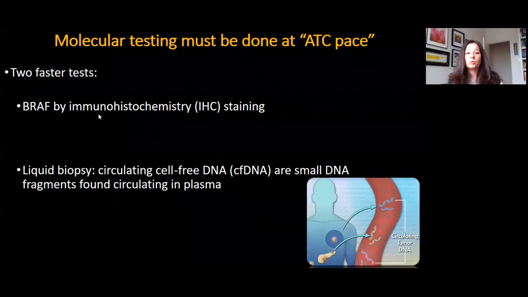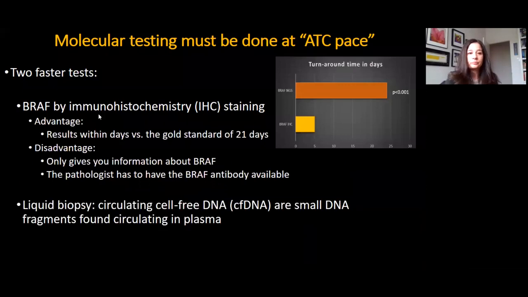And the second is liquid biopsy, which is essentially taking some blood from the patient. It's just a blood stick, and looking to see if you can find DNA fragments, which we can test for those genes. And these are fragments that are coming from the tumor and they're shed into your bloodstream.